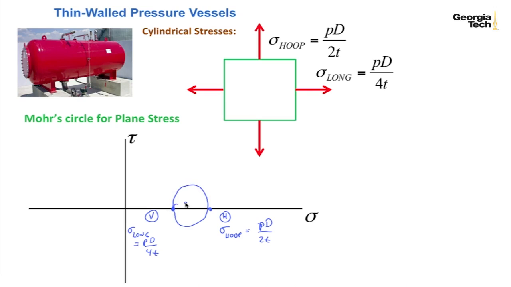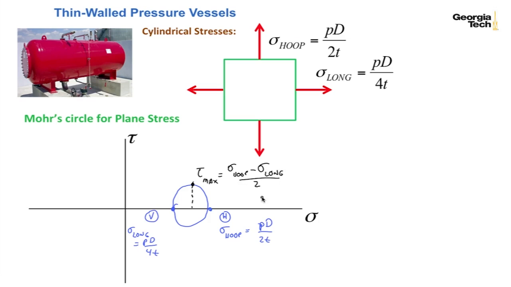And the last point I'm interested in is the max shear stress. And that's going to occur right here. And the max shear stress is going to be the hoop stress minus the longitudinal stress divided by 2. So my max shear stress is sigma hoop minus sigma long divided by 2.